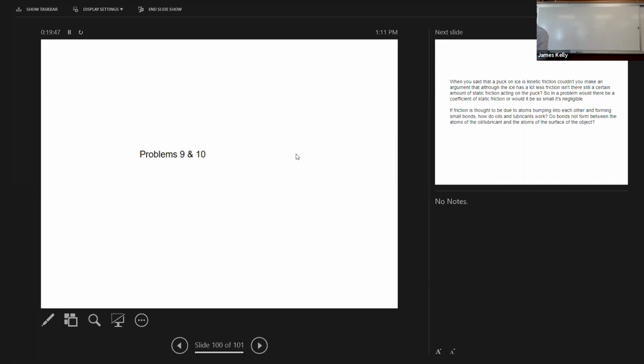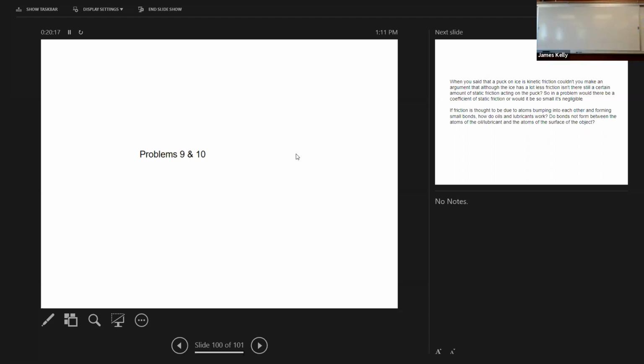And the idea is nobody's told us it's about to slip. So we have no business using that mu static times the normal force. Rather, we should just assume that it's some smaller force than that. And then part B, you should at least try to start to set up. If it's not about to slip, what if I keep increasing the angle? If I slowly increase that angle, at some point it will start to slip. Probably everybody has that intuition.